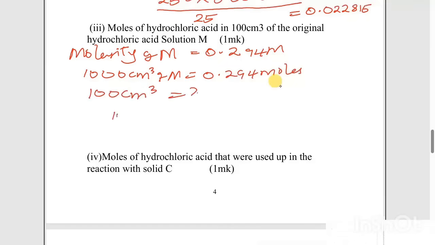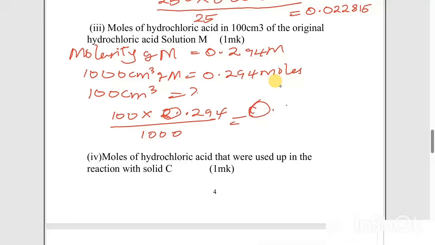So 100 times 0.294, we divide by 1,000, and we get our number of moles in the original 100 was 0.0294 moles. So this is the number of moles in 100 centimeters cube of the original that was used.